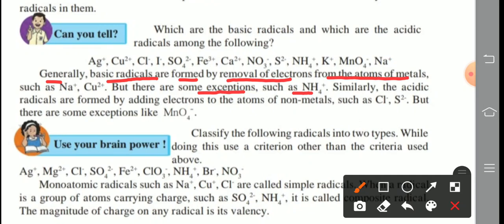So sodium ion Na plus, Cu2 plus means copper ion, but in case of NH4 it is an exception case. NH4 plus means ammonium ion.